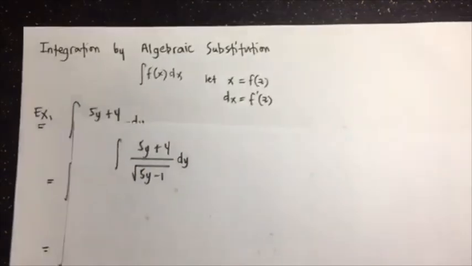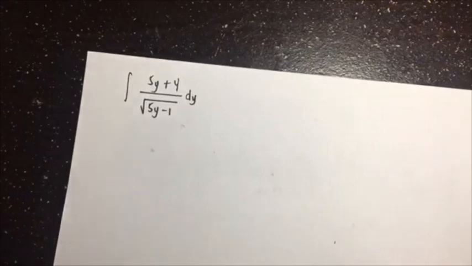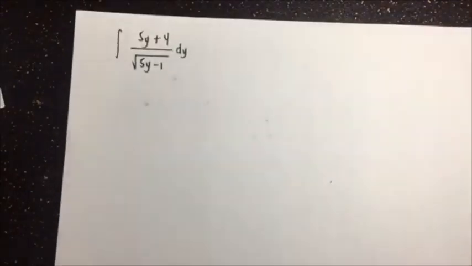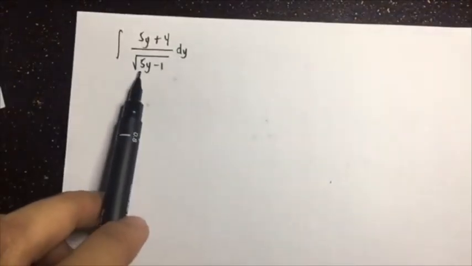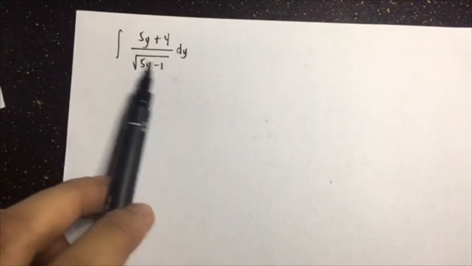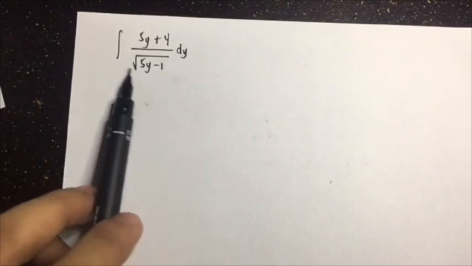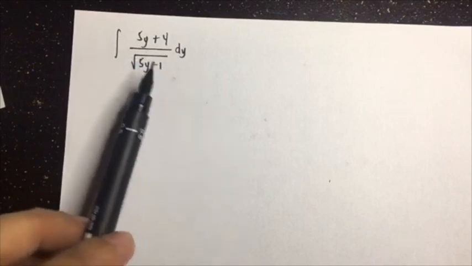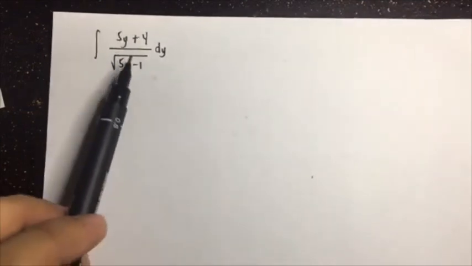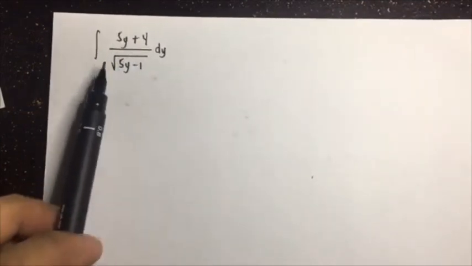Okay, so let's look for the part which makes it difficult to integrate. As you notice, the denominator makes it difficult to integrate, so we might want to replace that with another variable using algebraic substitution.